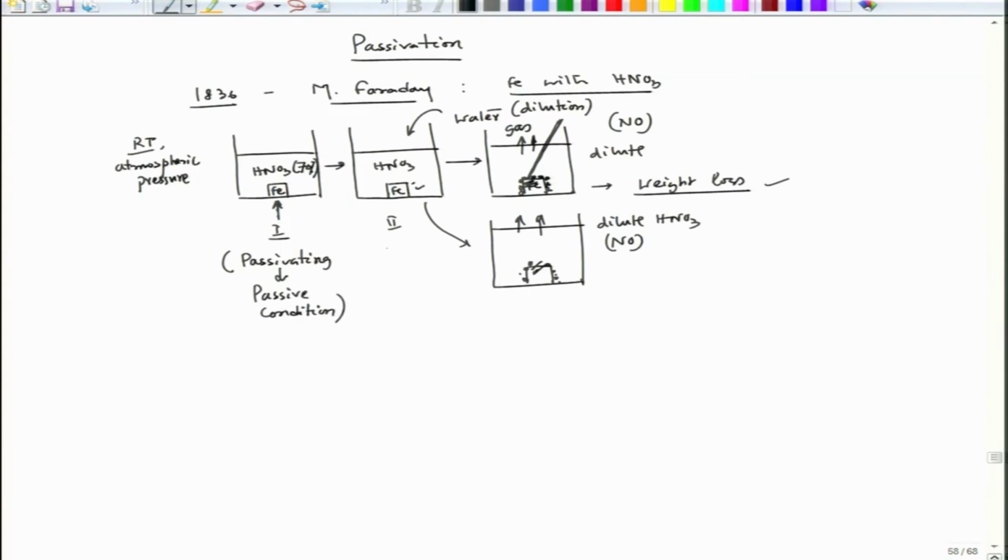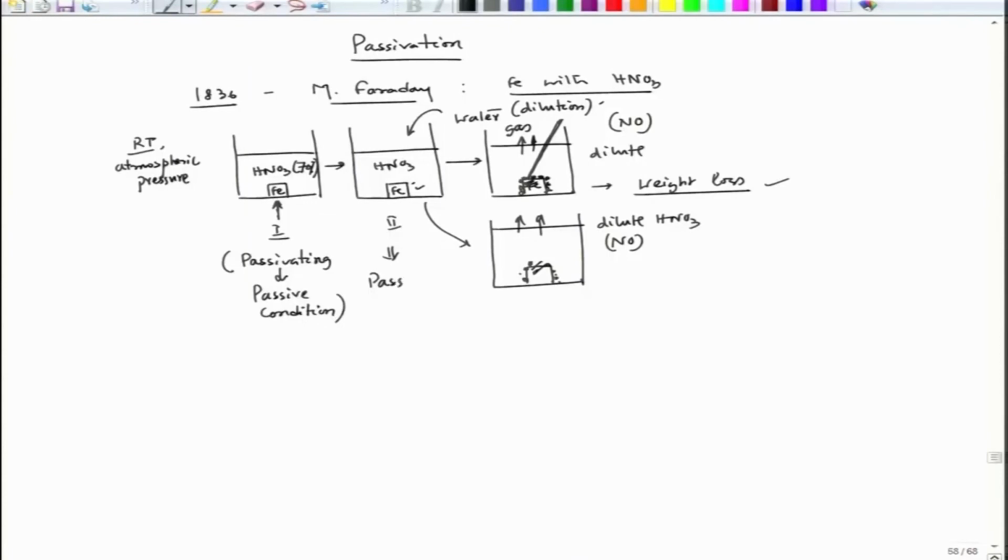Now, stage 2, since that metal has attained passivity, that means something has happened on the surface, and if you do not disturb it, and the water is added slowly so that it does not create much churning in the solution, that condition is still passive.